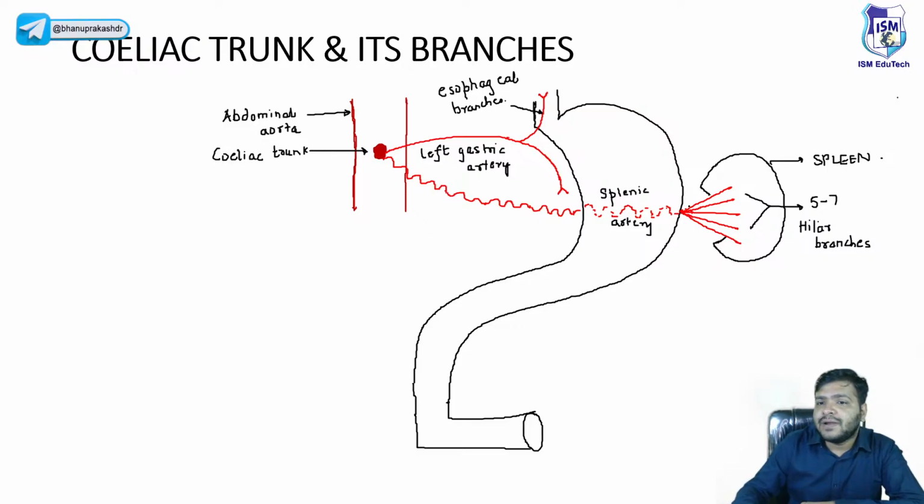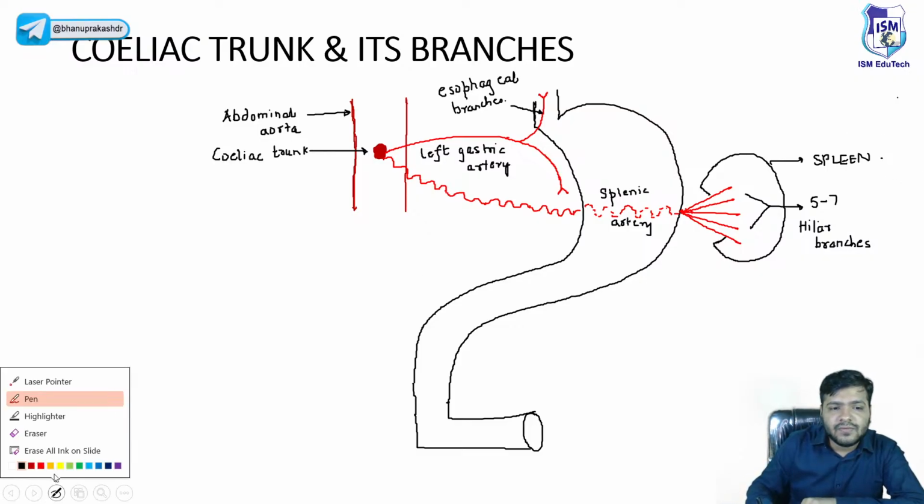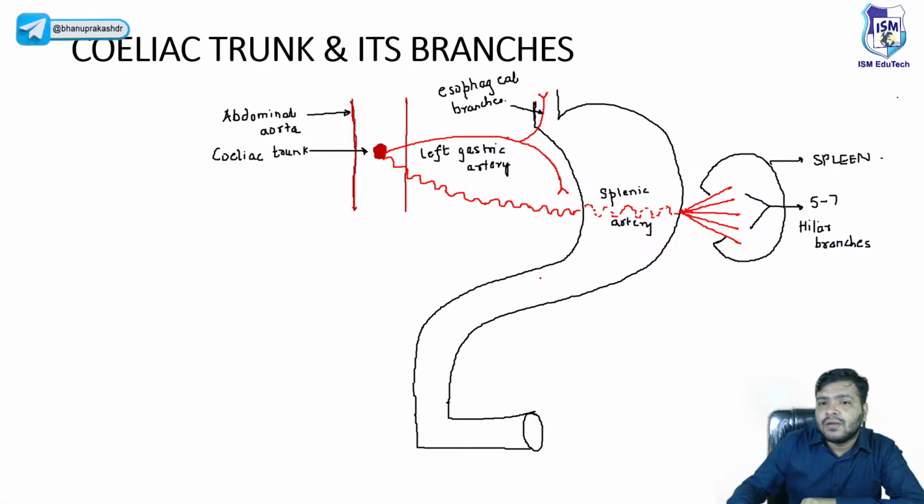Now, apart from that, beta, remember that this splenic artery will give a branch that will supply the fundus of the stomach. This is the fundus part.